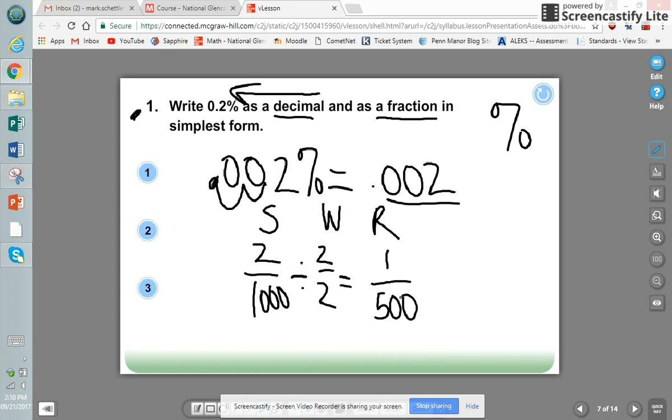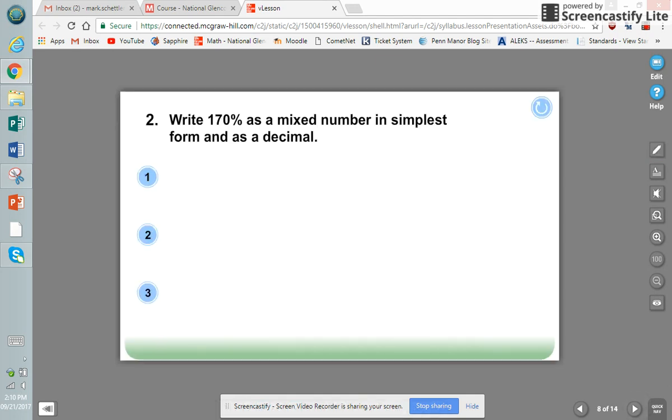So we could say that 0.2% is equal to 1/500th. Or if I only did something 1 out of 500 times, that's only 0.2%. Pretty low indeed.